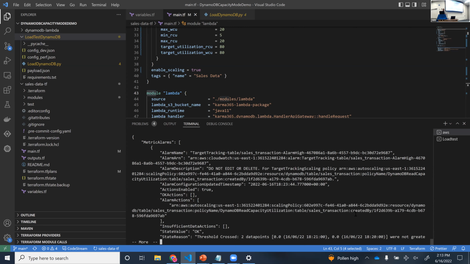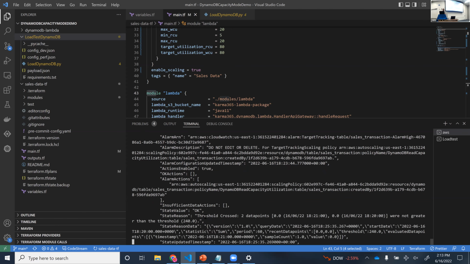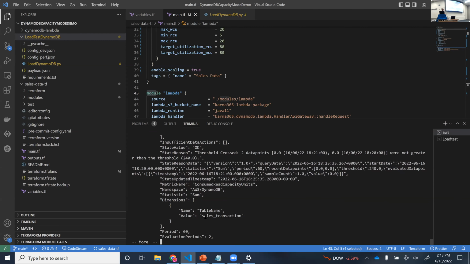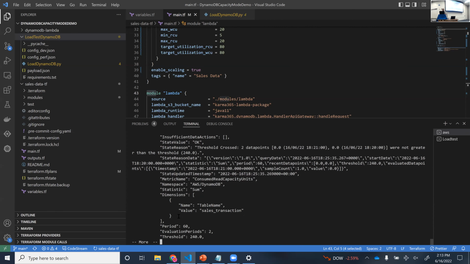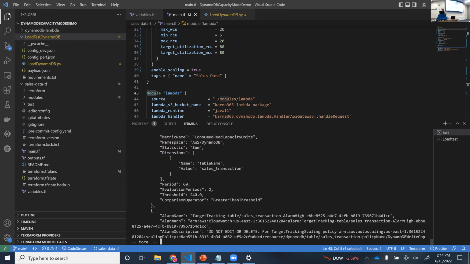And so here, it says the statistic is sum, and the metric name is consumed read capacity unit. The evaluation period is 60 seconds for 2 data points.